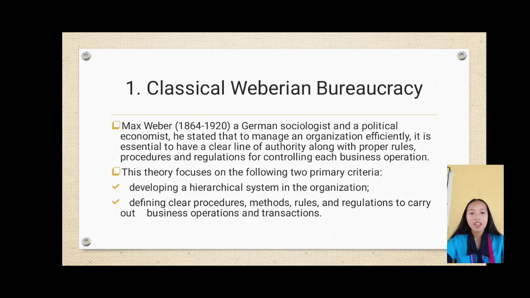First is developing a hierarchical system in the organization. When we say hierarchical system, it refers to the arrangement or classification of the employees based on their functions and roles from above and below. Next is defining clear procedures, methods, rules, and regulations to carry out business operations and transactions.